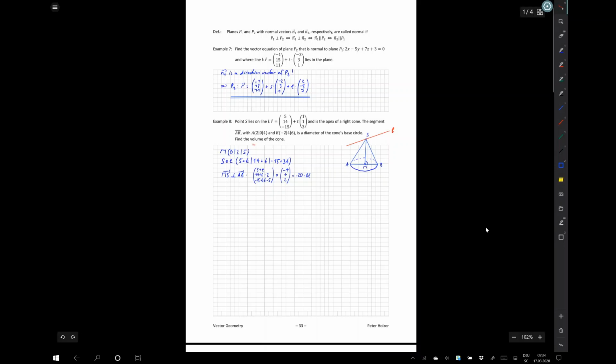We found the midpoint M of A and B simply by taking the average of the x-coordinates, the y-coordinates, and the z-coordinates respectively. Then, since the apex S lies on the line L, we know that its coordinates are just 5 plus t, 14 plus t, and minus 15 plus 3t.